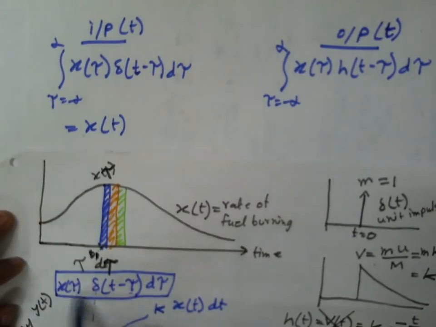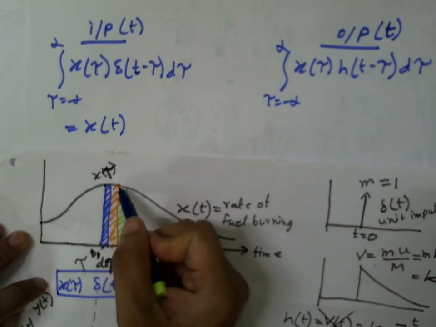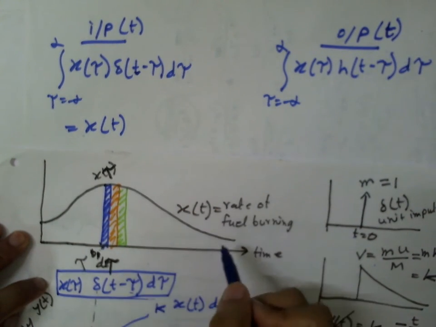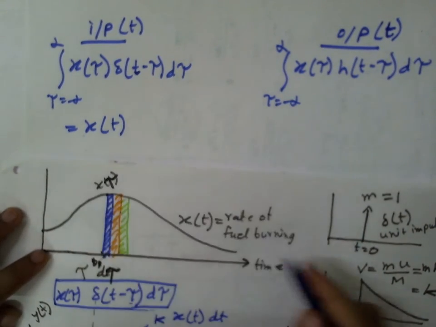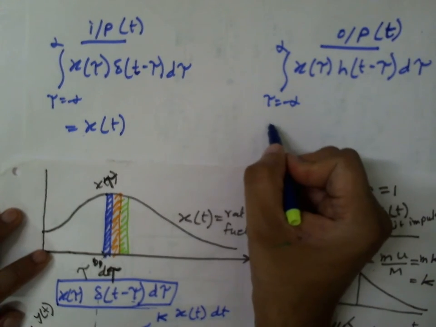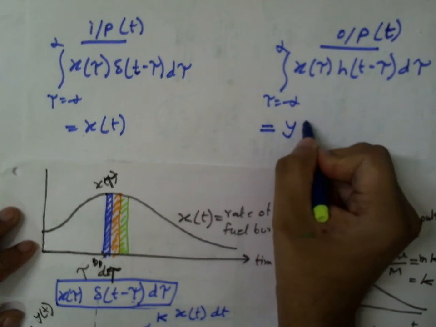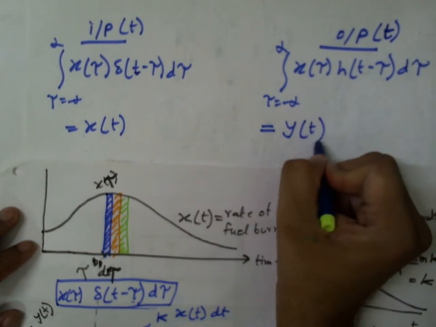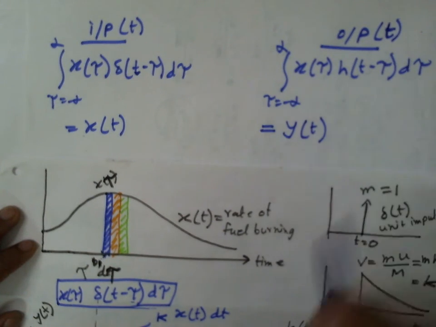When we add all these patches, blue, green, orange, everything, this becomes equal to x(t). And this is the output that we wanted to compute. By definition, because we denote output as y(t), this is y(t).